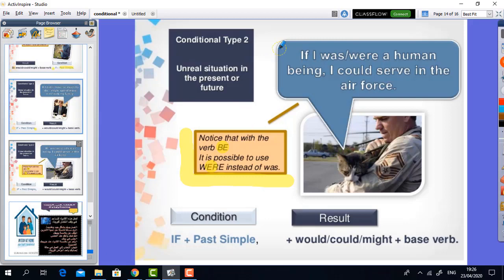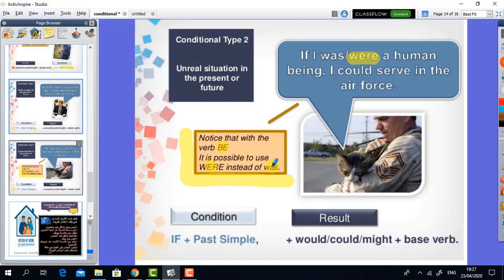He will say, "If I was or were a human being, I would or I could serve in the Air Force." But actually, of course, he is not a human. And note here that with the verb be, it is possible to use were instead of was.